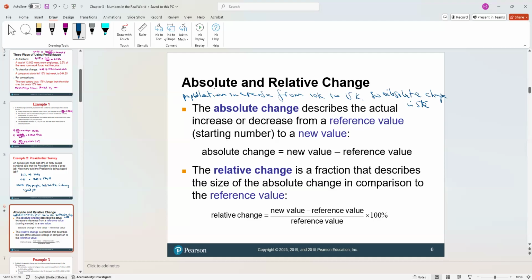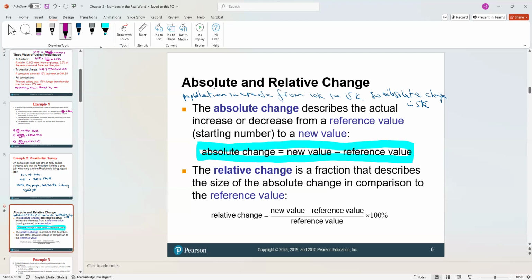I want you to put this somewhere in your cheat sheet or notebook as the formula we use to compute absolute change: new value minus reference value, that means the original value, right?